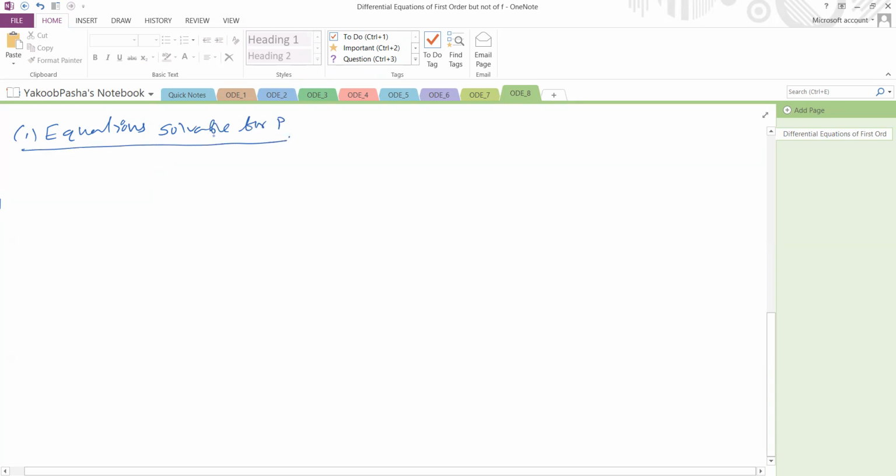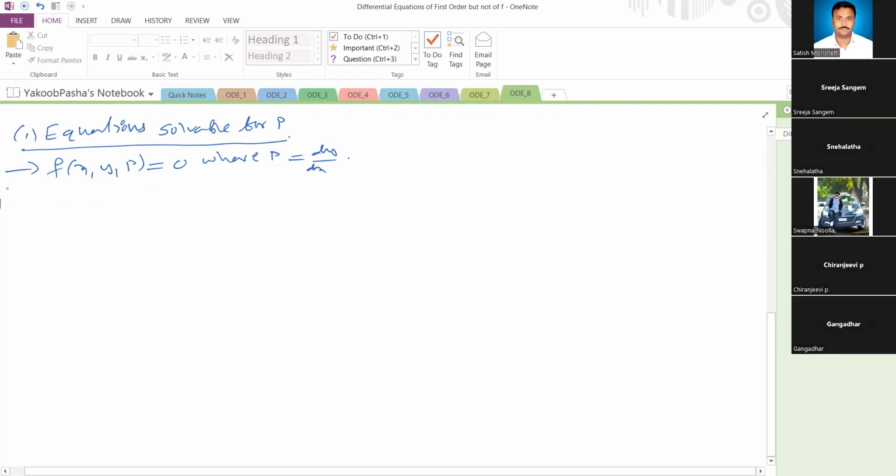Okay. First, the given differential equation is in the form of f of x comma y comma p is equal to 0, where the notation p is equal to dy by dx. This is the first order derivative, and this equation can be factorized into linear factors.